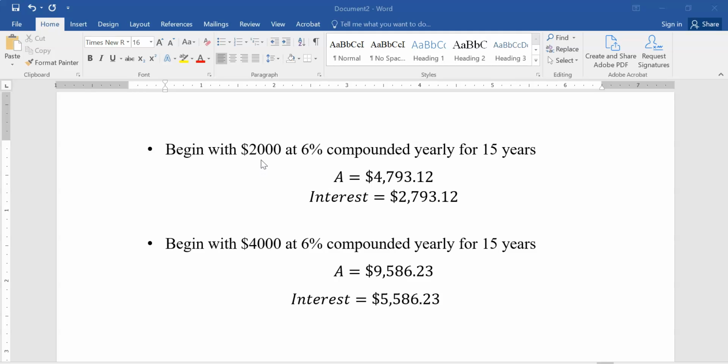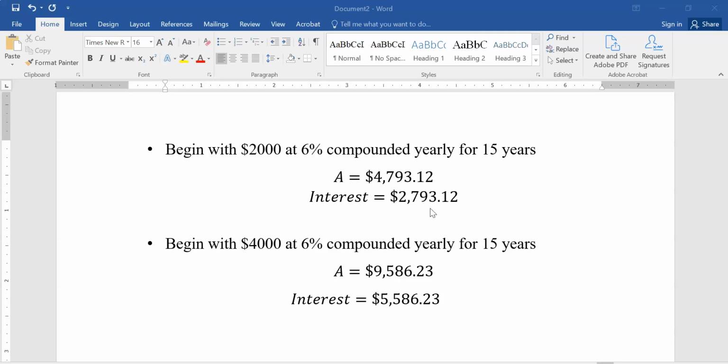Now, this is what I'd like you to notice. Notice that when you invest $2,000 versus when you invest $4,000 with the same interest, the same time period, and the same accumulations, when you invest $2,000, you end up with exactly half than when you invest $4,000.